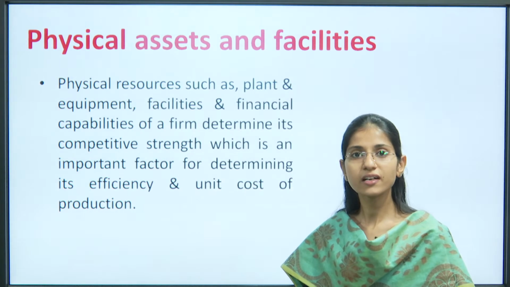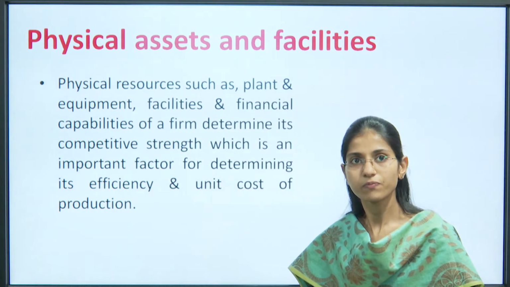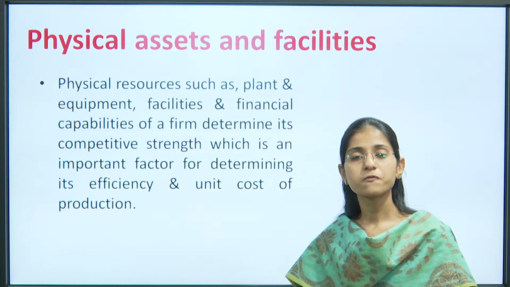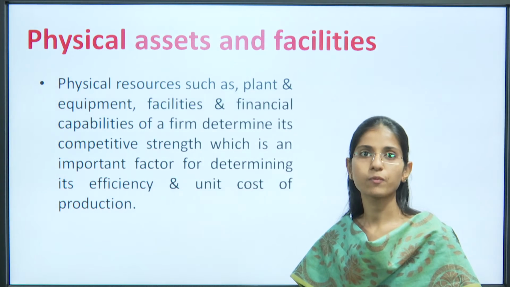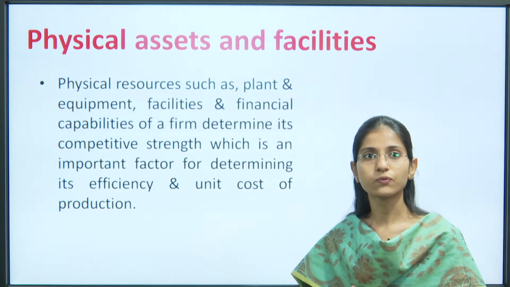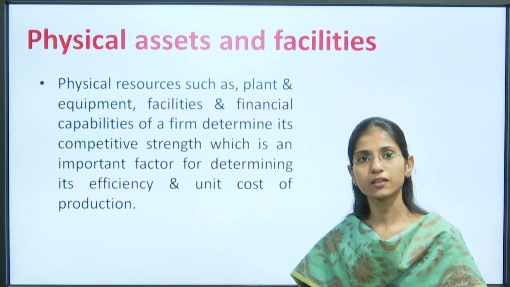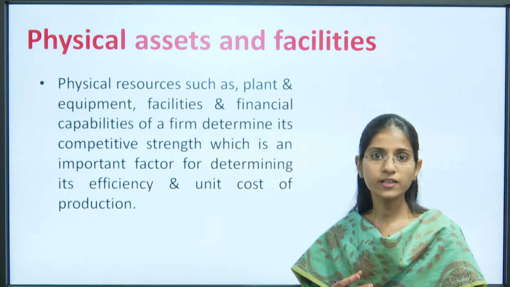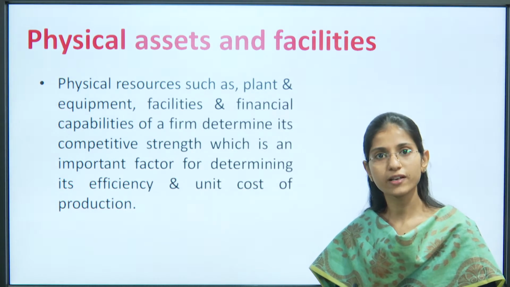Next is physical assets and facilities. Physical resources such as plant and equipment, facilities, and financial capabilities of a firm determine its competitive strength, which is an important factor for determining its efficiency and unit cost of production.